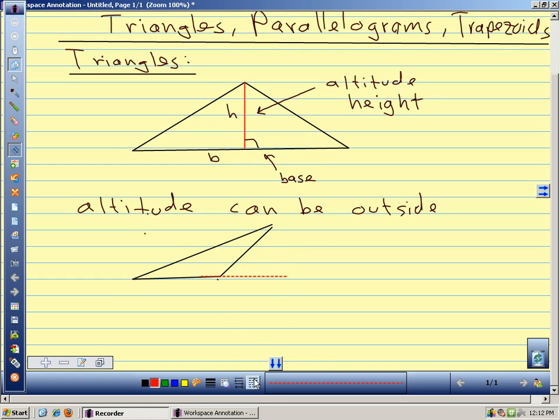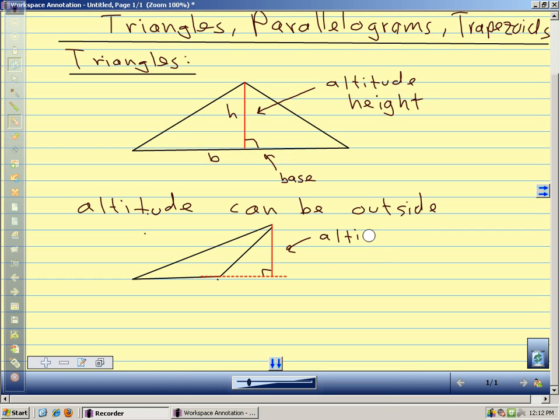And I'm going to draw my altitude here. And we have a 90-degree angle. So on this triangle, the altitude is outside. And this would be our height, and this side would be our base.